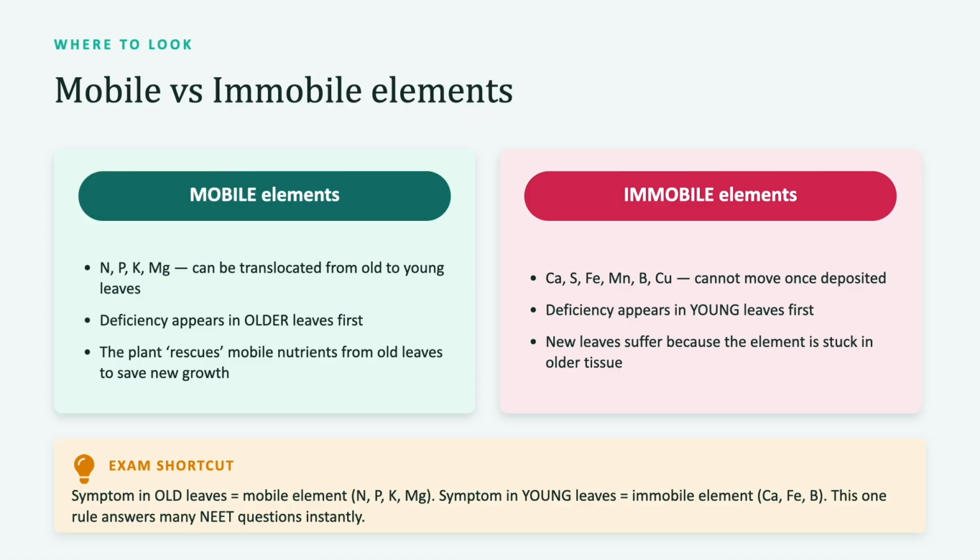So, deficiency symptoms appear in young leaves and new growth because the element is stuck in the old tissue. One rule: old leaves affected means mobile element, young leaves affected means immobile element. This single shortcut answers many NEET questions instantly.